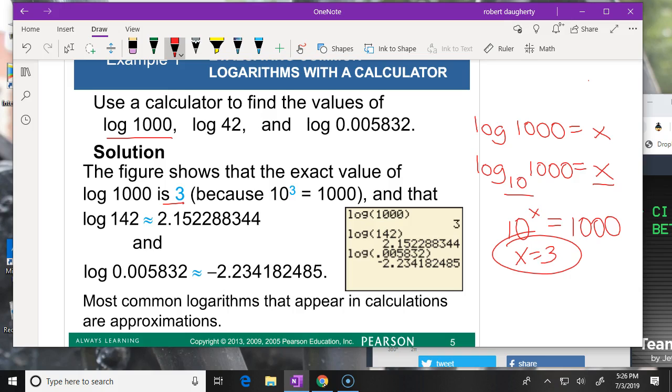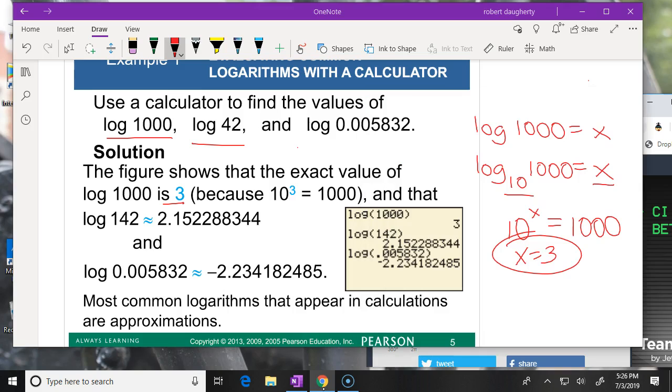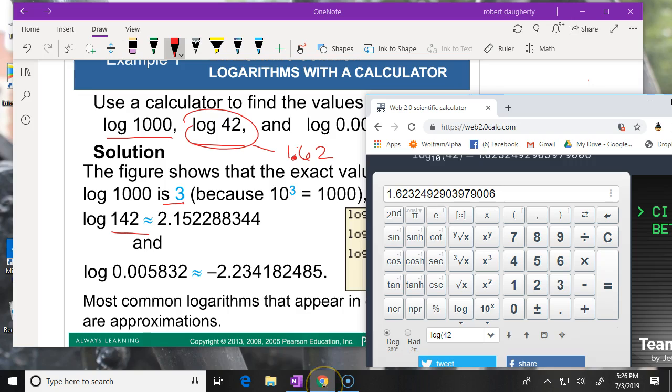Now, what about the log of 42? Let's go back to our calculator. The log of 42, and we get an approximation, 1.62. Now it looks like on the slide here they had the log of 142. Same thing, you can figure that out.